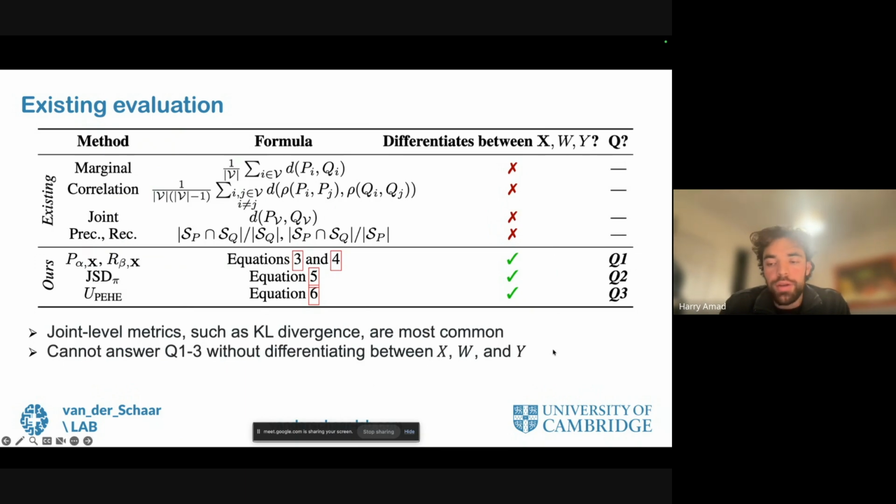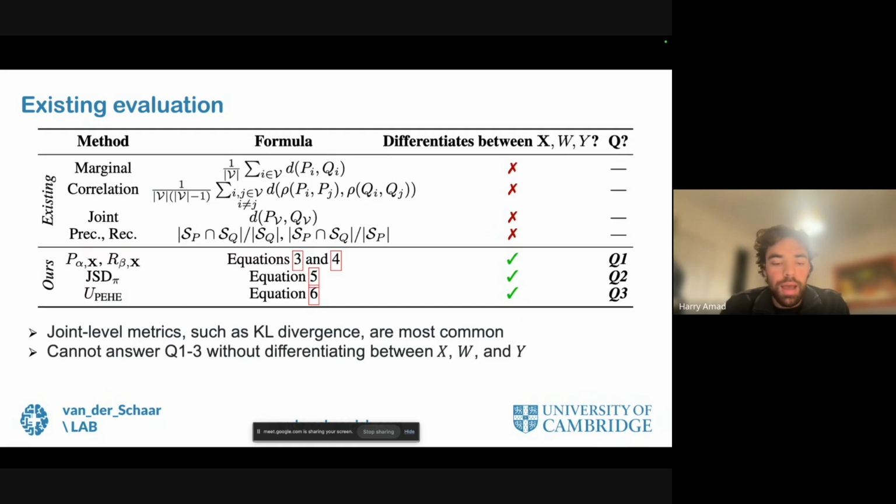But because the focus of the literature is largely on supervised learning and minimizing the difference between the joint distributions of the synthetic and the real data, no existing metrics advocate to individually assess the covariate distribution, the treatment assignment mechanism, and the outcome generation mechanism.